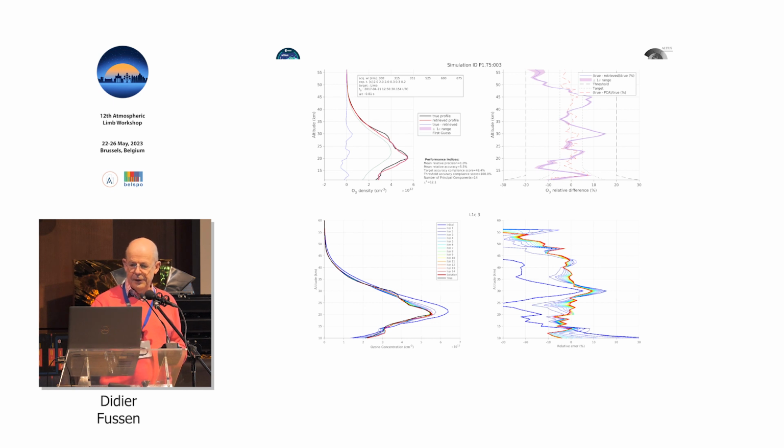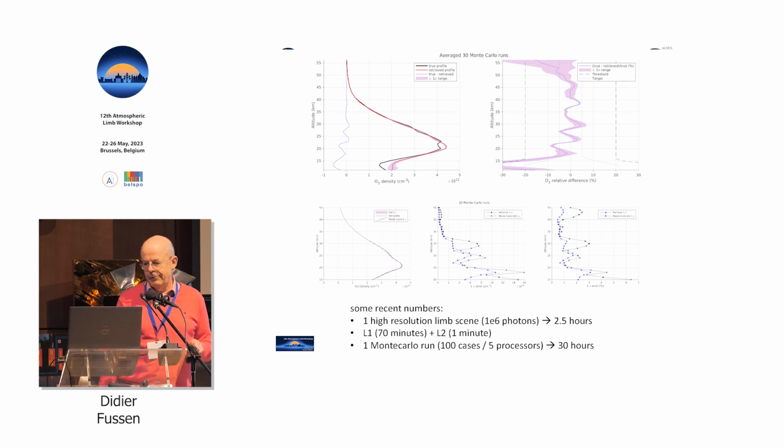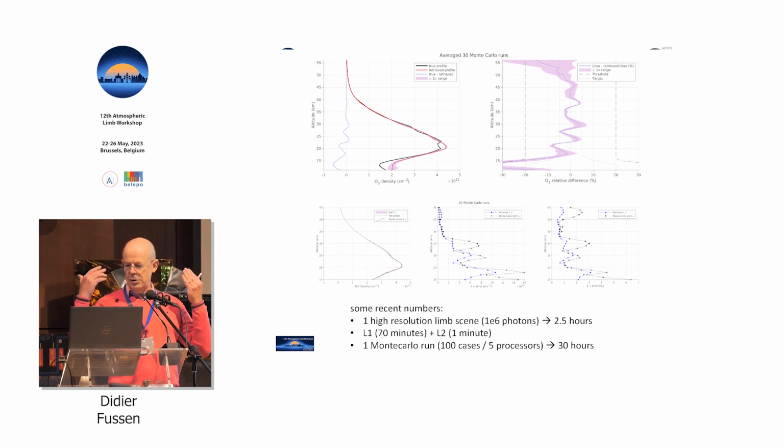So we have various tests where we can compare the results between the direct method and the nominal L2P method with the PCs. We also have Monte Carlo simulation to control that our error budget propagation is correctly done. One of the problems is, of course, that when we simulate realistic scenes at an extremely high resolution, spectrally and spatially, it takes a lot of time, and the instrument simulator is comprehensive.